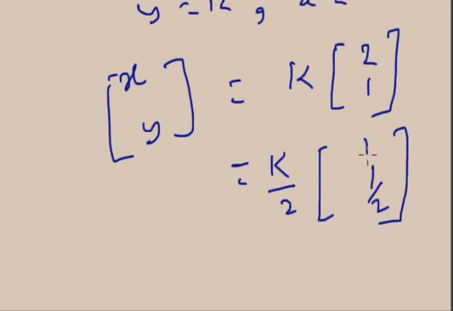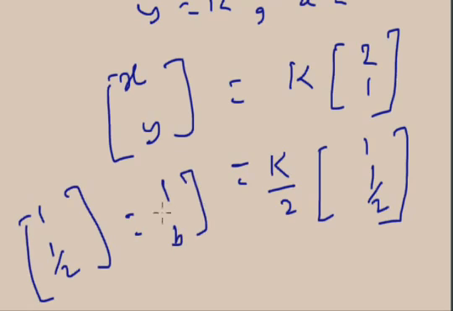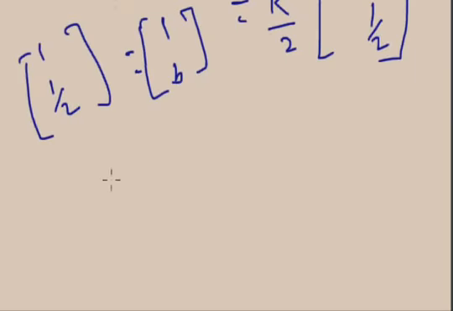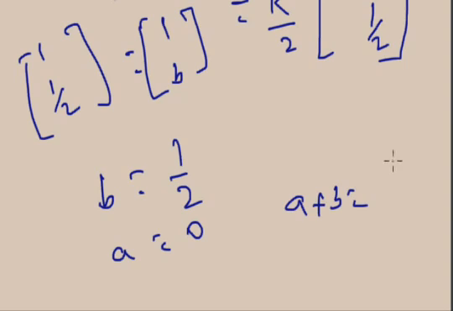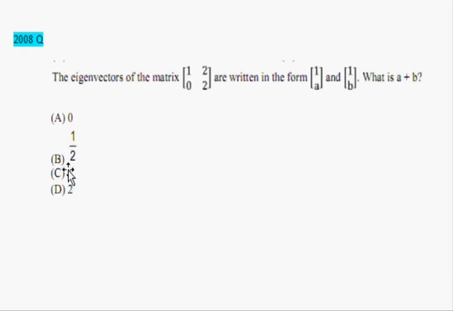This vector is the second vector. So 1 by 2 is equal to 1 b. So b is equal to 1 by 2 and a is equal to 0. So a plus b is equal to 1 by 2. So 1 by b is the correct answer.